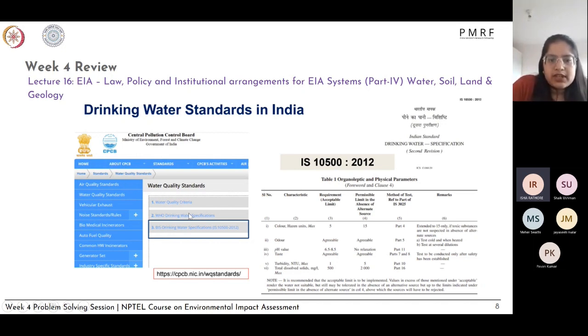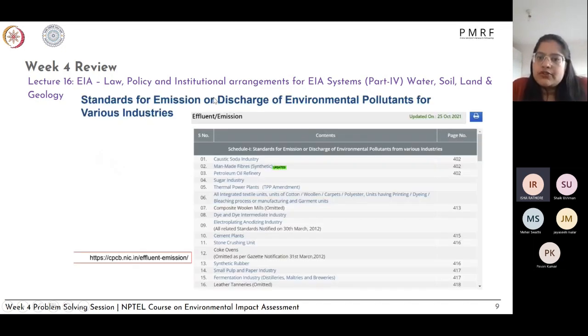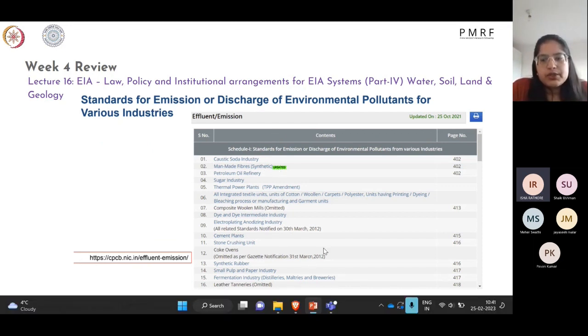And the CPCB provides these drinking water specifications on its website if you want to have a look at it. And then we have standards for emission and discharge of environmental pollutants from the various industries. So you have different industries and their discharge of pollutants.